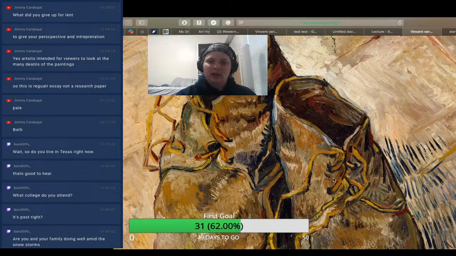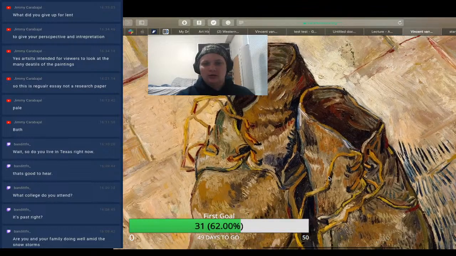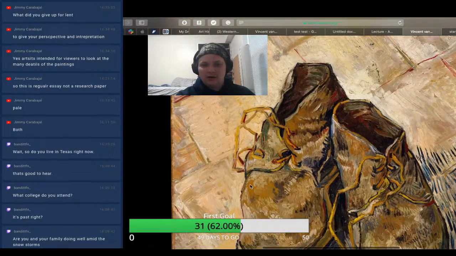So it's very interesting. And you can see the shoe itself is almost not one color. There's very few spots where you can see a blob of one color. It's more just lines dashed together that make up the shoe itself.